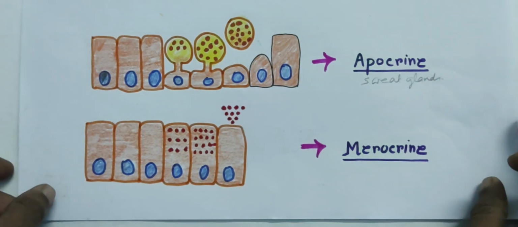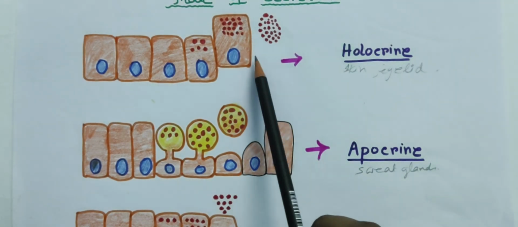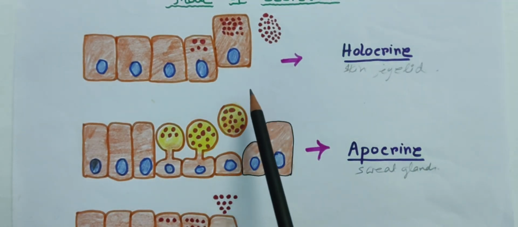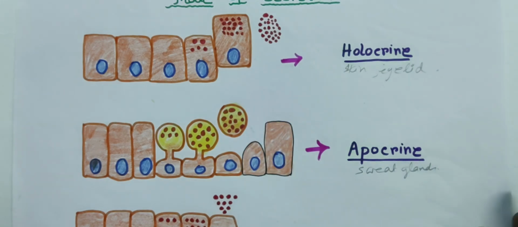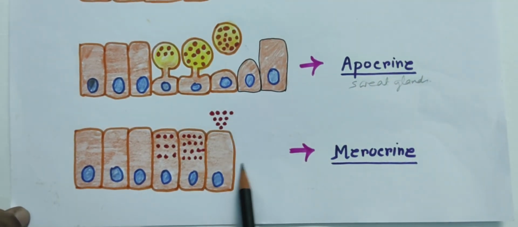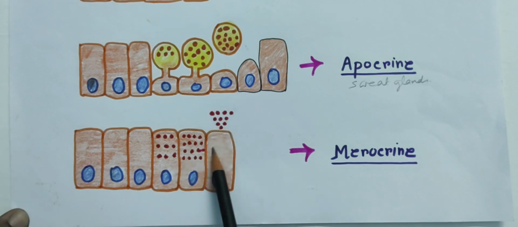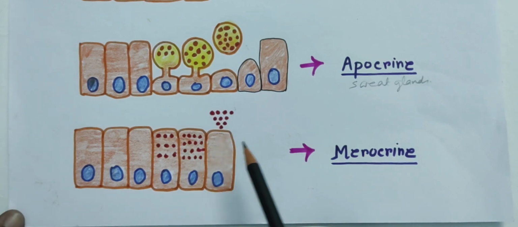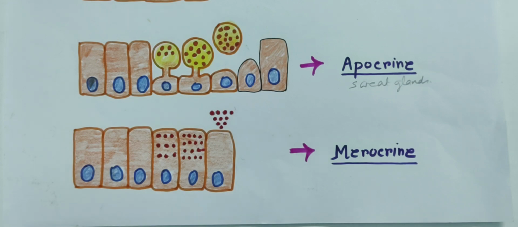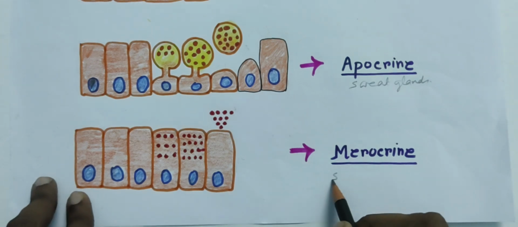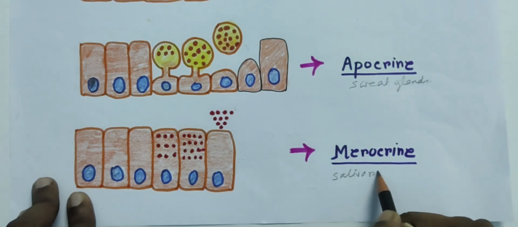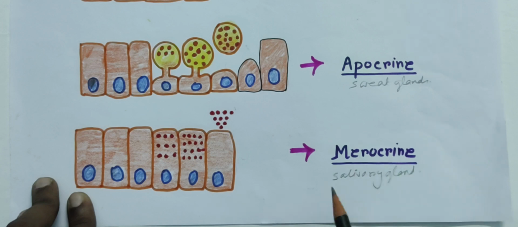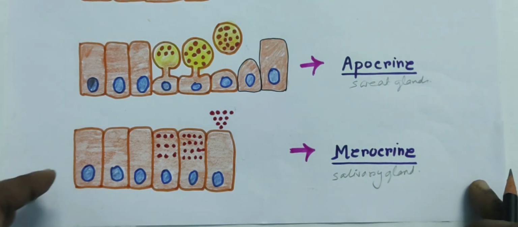In the case of apocrine and holocrine, in both cases the cell gets damaged and needs to repair. But here the cell does not get damaged. After releasing the secretory material outside, they again form the secretory material inside them. So these are the merocrine glands. An example of merocrine glands is the salivary gland.